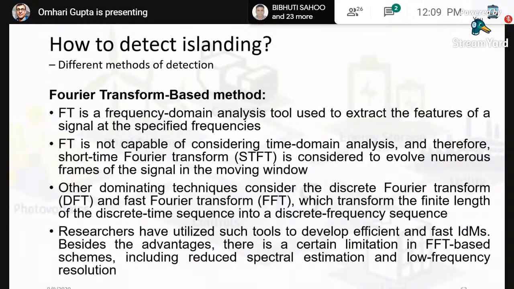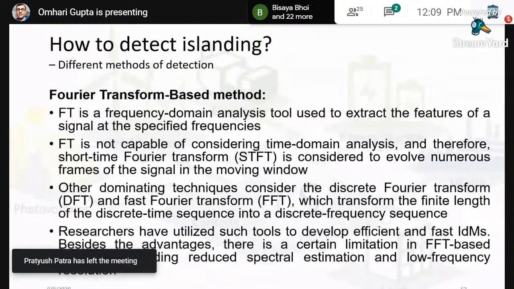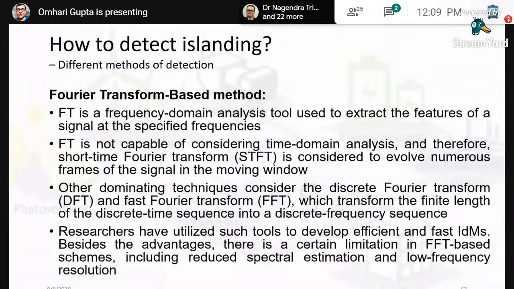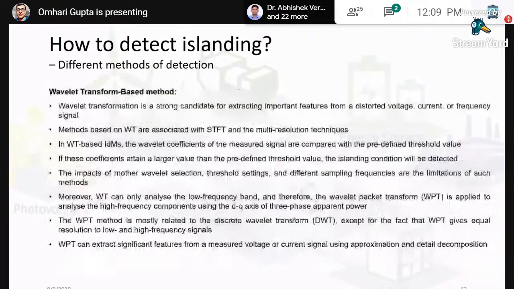Those frequency ranges can be obtained by using this kind of method. Researchers have utilized such tools to develop efficient and fast islanding detection methods. Besides several advantages, there are certain limitations, including reduced spectral estimation and low frequency resolution.